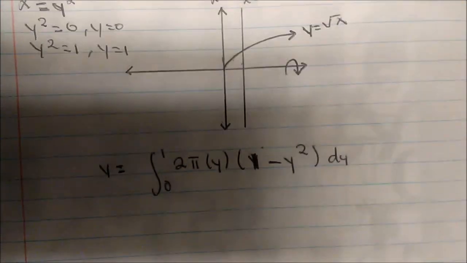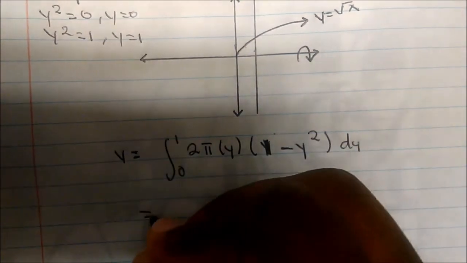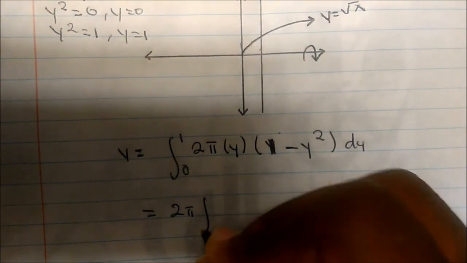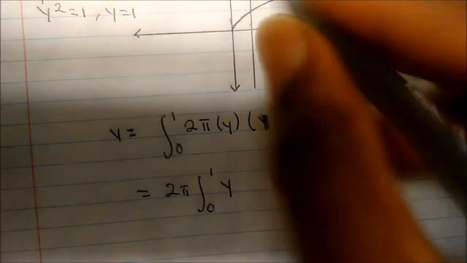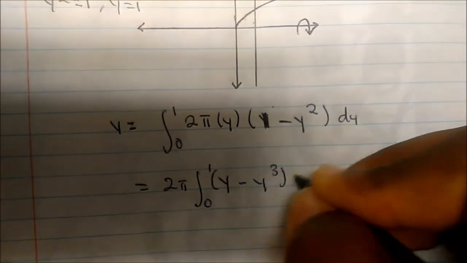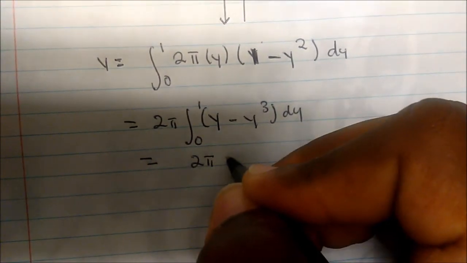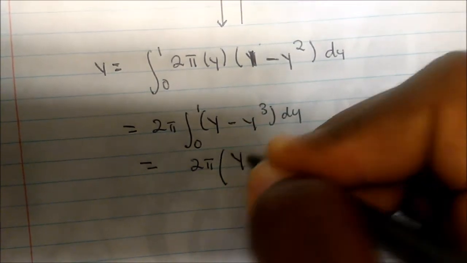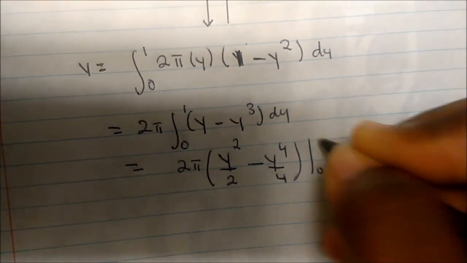Okay. So we know that 2 pi is a constant, so we'll just go ahead and factor it out. So this is given by 2 pi times the integral from 0 to 1 of y, and I'm going to just distribute my y. So this becomes y minus y cubed dy. And as I take my integral, this becomes 2 pi multiplied by y squared over 2 minus y to the 4th over 4, all integrated from 0 to 1.